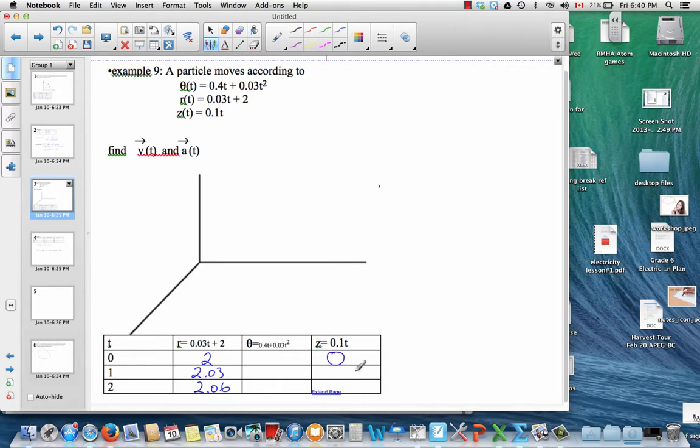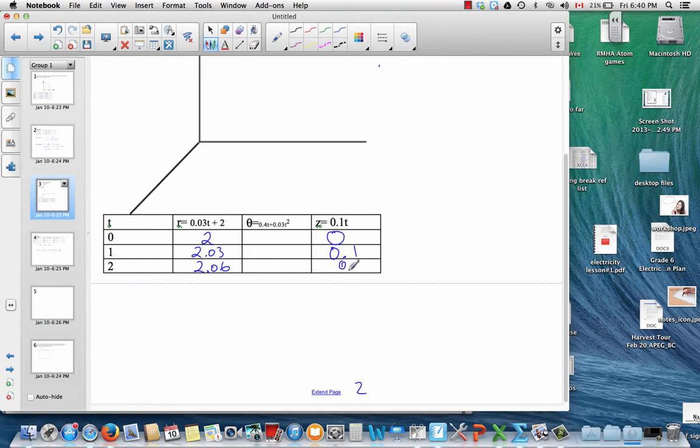It starts off at 0, that's in the xy plane, and then it's 0.1 and 0.2. Now for the theta function, we start off at an angle 0, so we start off here on the x-axis 2 units away, and because the z-coordinate is 0, we're down on the xy plane. And at time 1, theta is 0.43. So that's about 24 degrees or so.